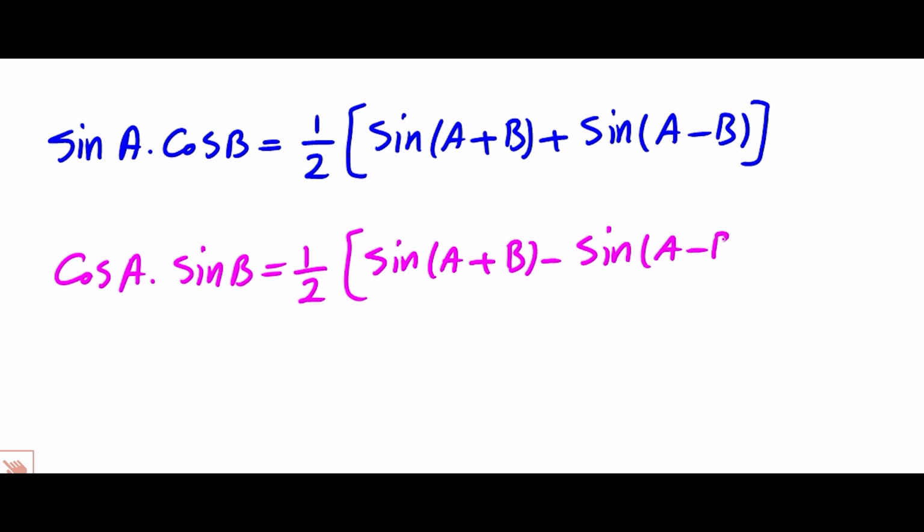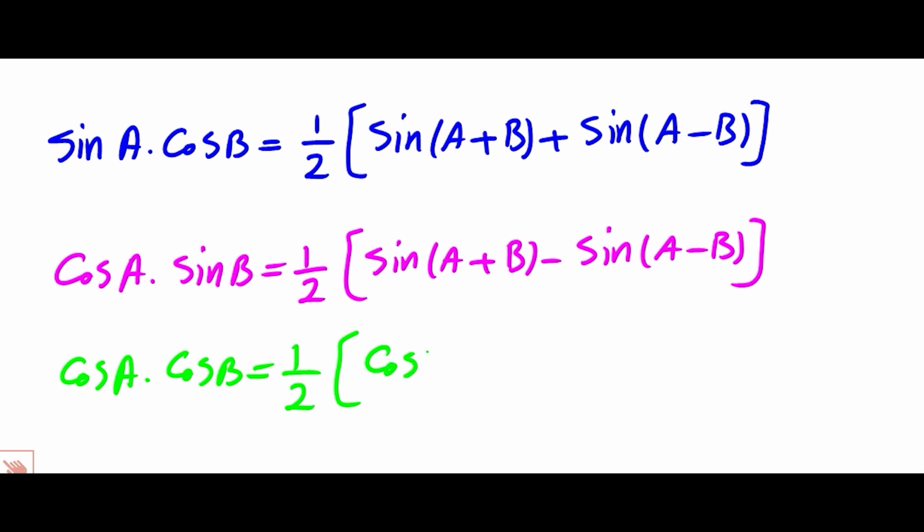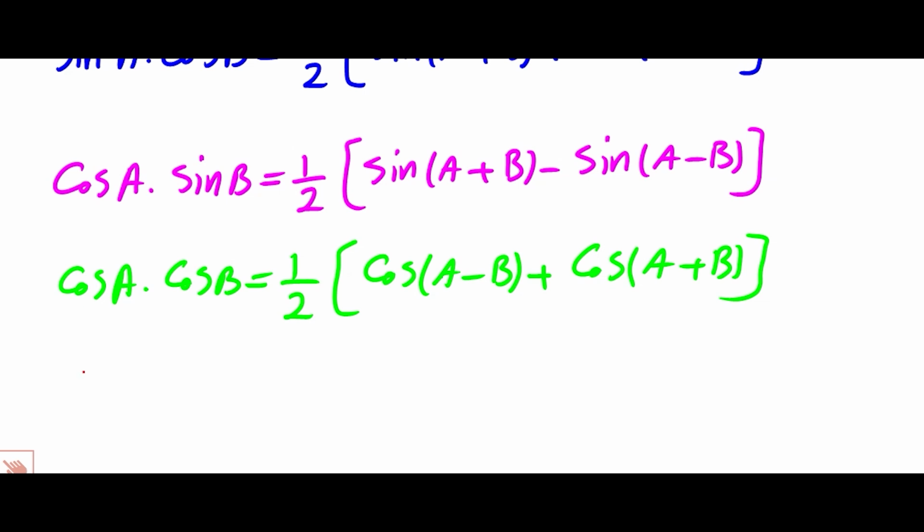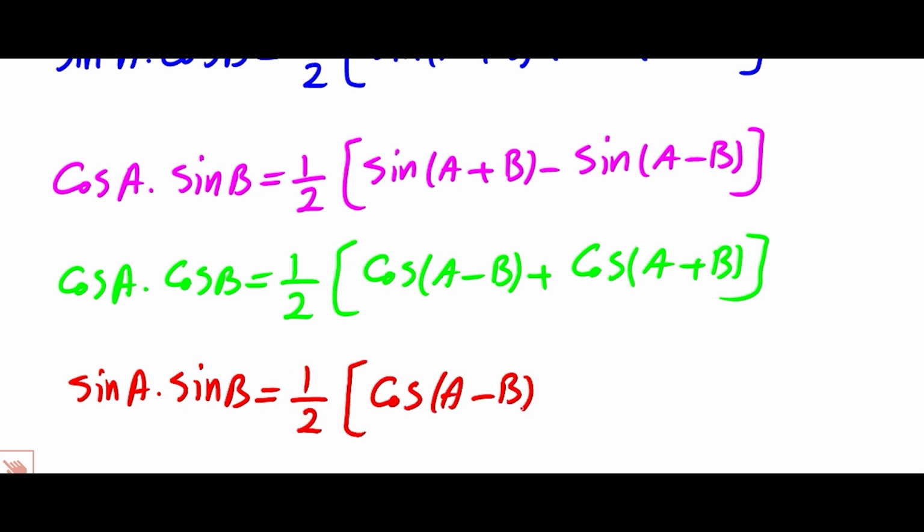of A minus B. Number 3, cosine of A times cosine of B equals 1/2 cosine of A minus B plus cosine of A plus B, and number 4, sine of A times sine of B equals 1/2 cosine of A minus B minus cosine of A plus B. Right?